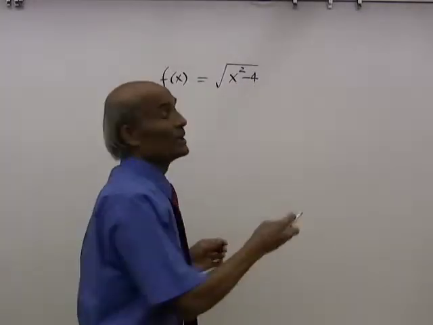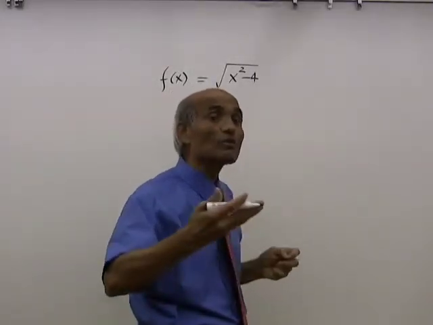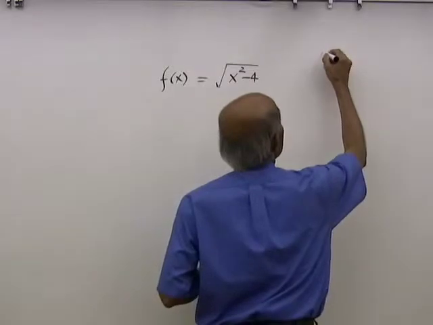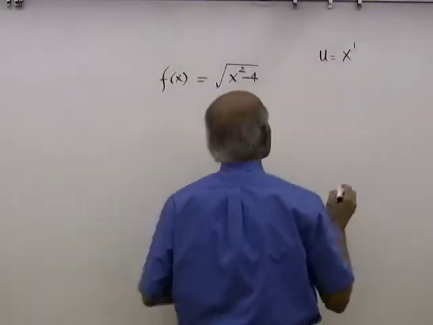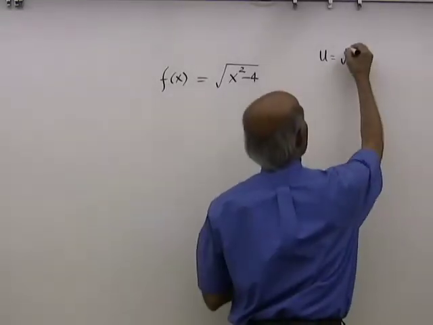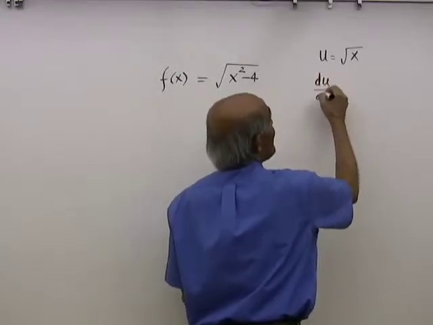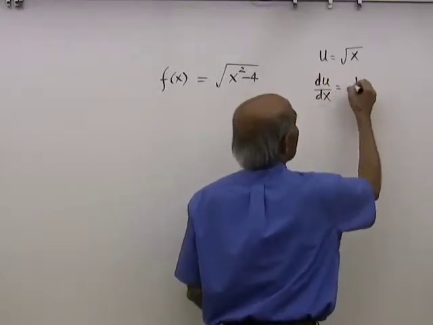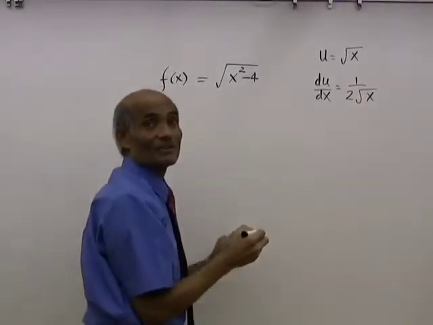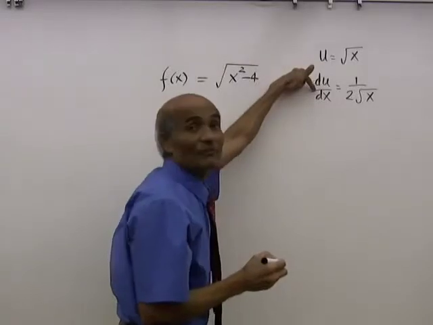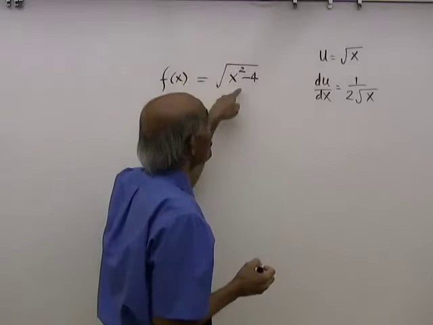Now what you know is that the derivative of a square root quantity, in other words, if u equal to square root of x, then du by dx equal to 1 over 2 square root of x. So, if this is true, then how do we write the derivative of the square root quantity?